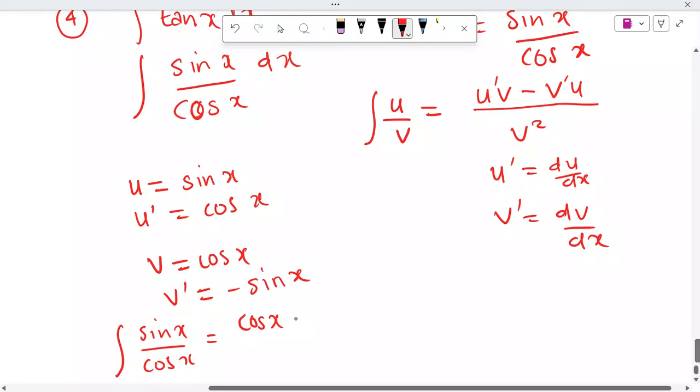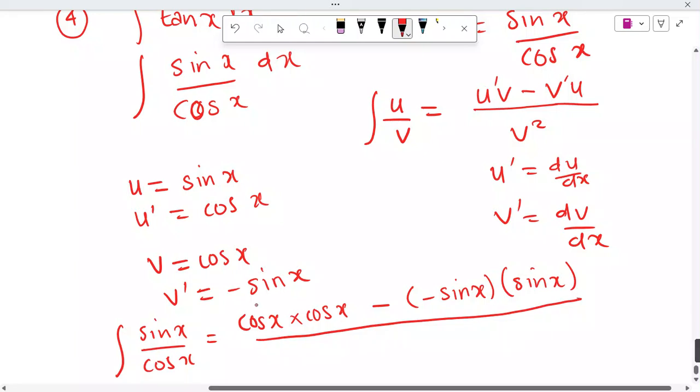Then you're multiplying by v. What is v? V is cos x. Then you say subtract v prime. What is v prime? Negative sine x multiplied by u. What is u? U is sine x.